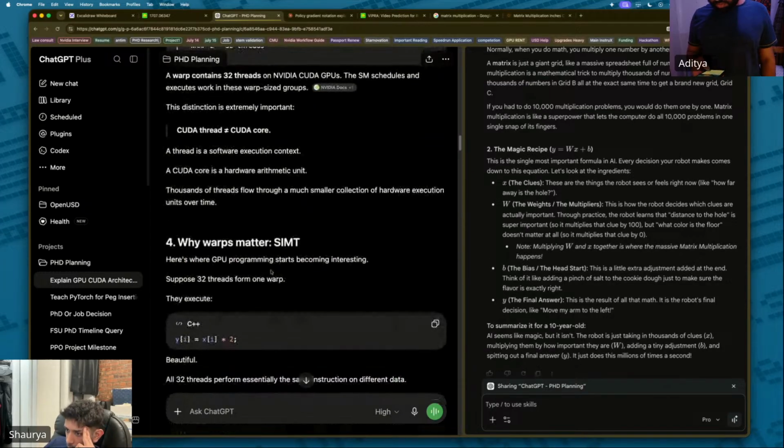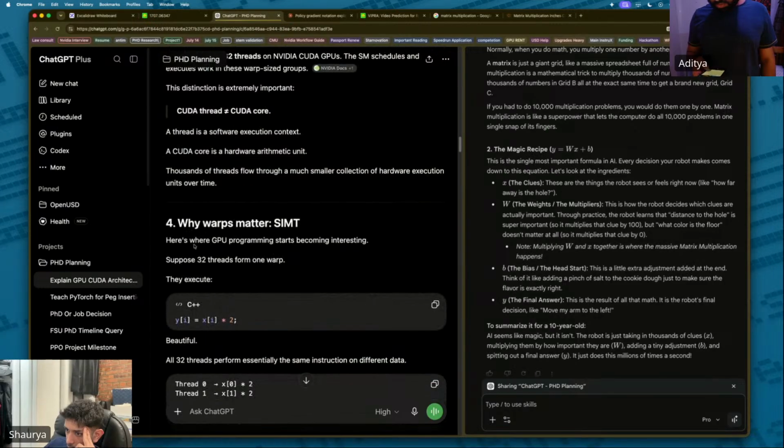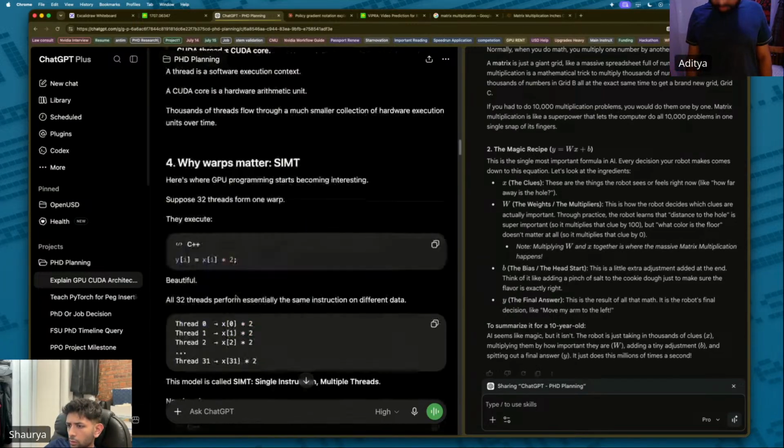Why warp matters: SIMT. Here's where GPU programming starts becoming interesting. Suppose 32 threads form one warp, and they execute this: yi = xi * 2. All 32 threads perform essentially the same instruction on different data.